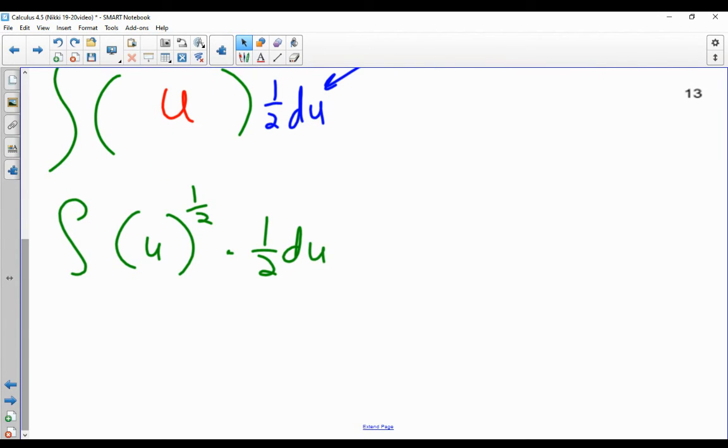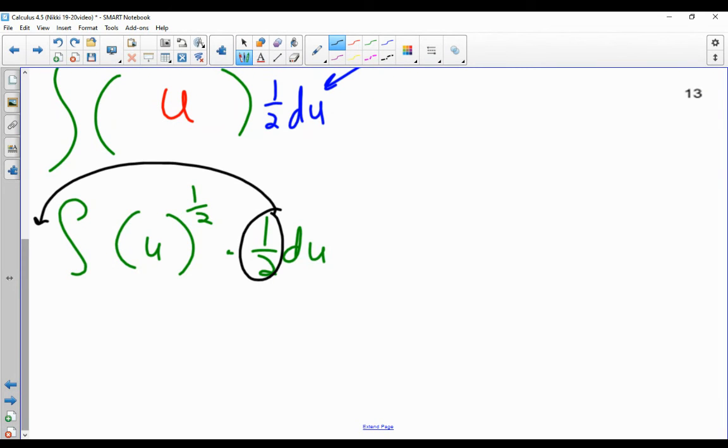Now some of you are probably wondering, cool, Miss Shulin, how can I take the antiderivative with the 1/2 in the way? Well, never fear. There is actually a calculus rule that says that you could put the 1/2 outside the integral.